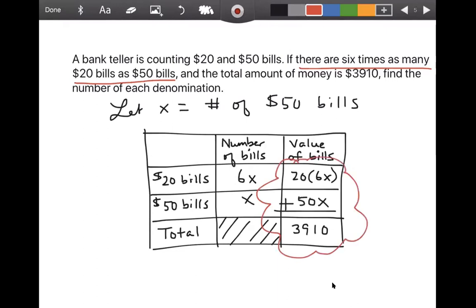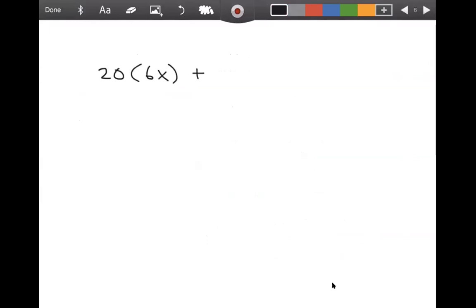All right, so going to the next page, we have 20 times 6X plus 50X equals 3,910. This should be a nice, easy equation to solve. 20 times 6 is 120.